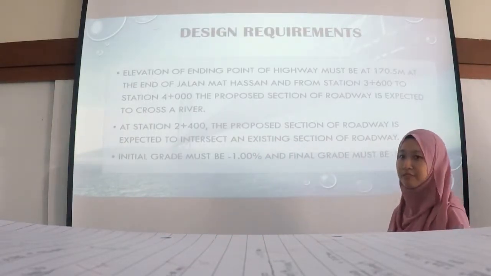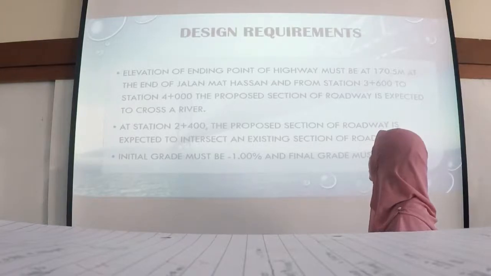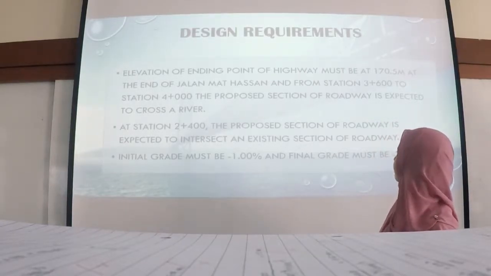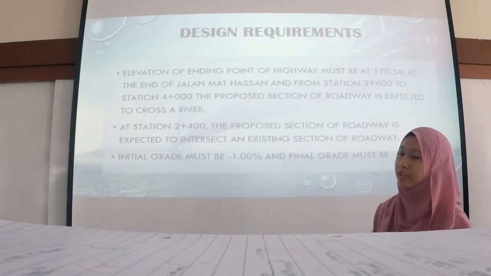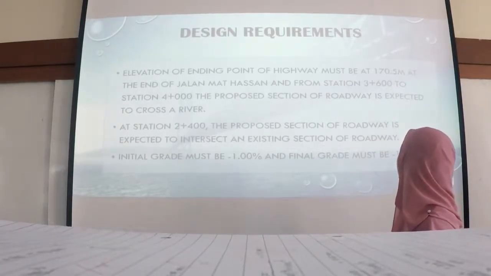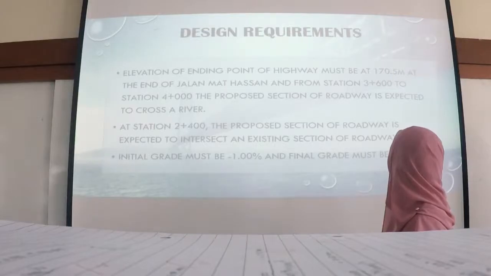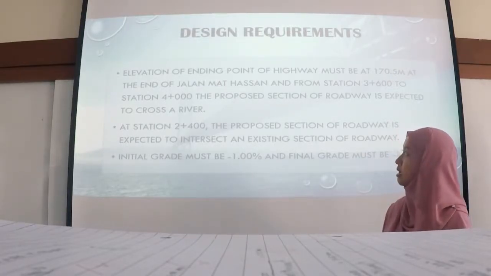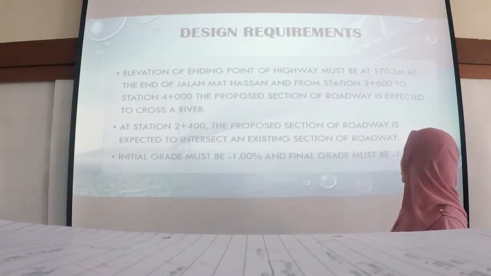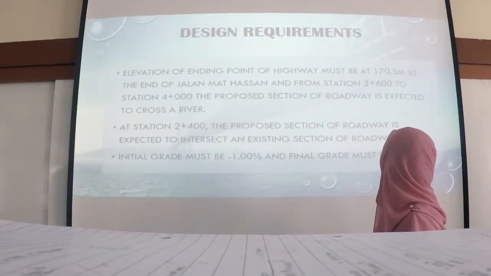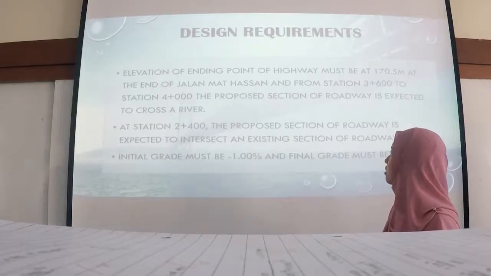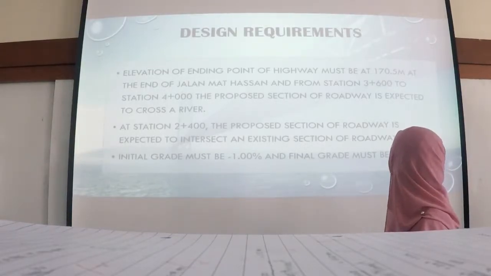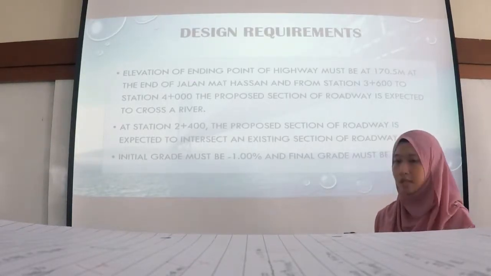Okay. For the design requirements that were given, first, the elevation of any point of the highway must be at 170.5 meters at the end of Jalan Mat Hassan. From station 3+600 to station 4+00, the proposed section of roadway is expected to cross the river.